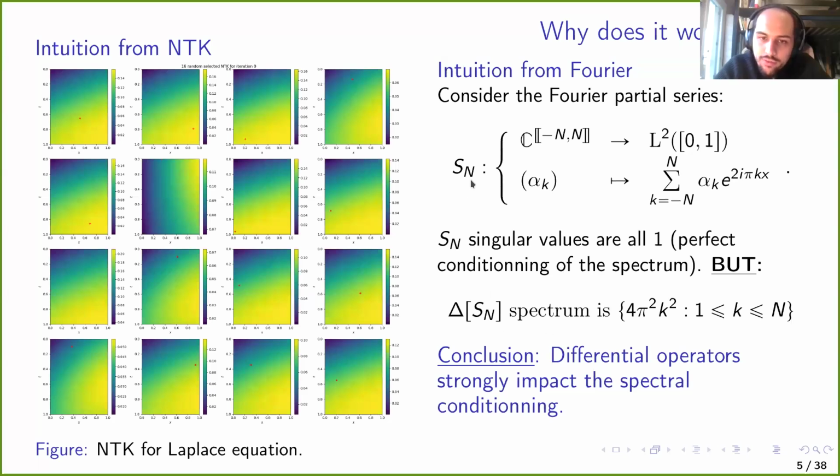But now, if we look at the SVD of the partial Fourier series composed with the Laplacian, then the spectrum is 4π²k², and in particular it is not well conditioned, because you can have many orders of magnitude between the singular values.